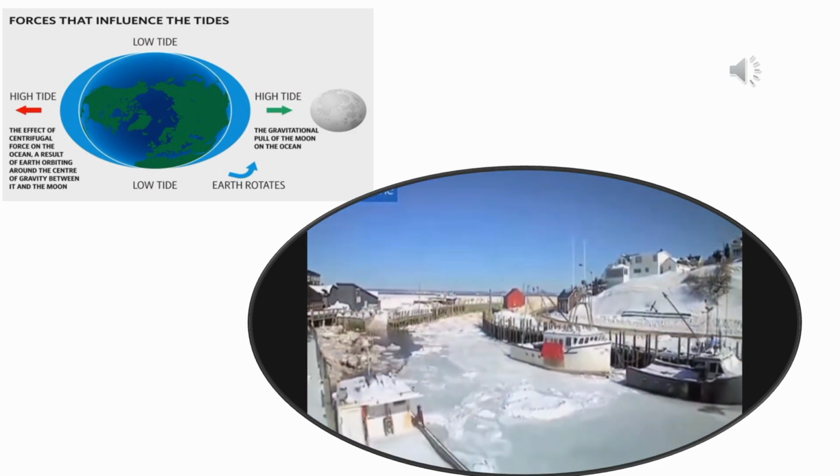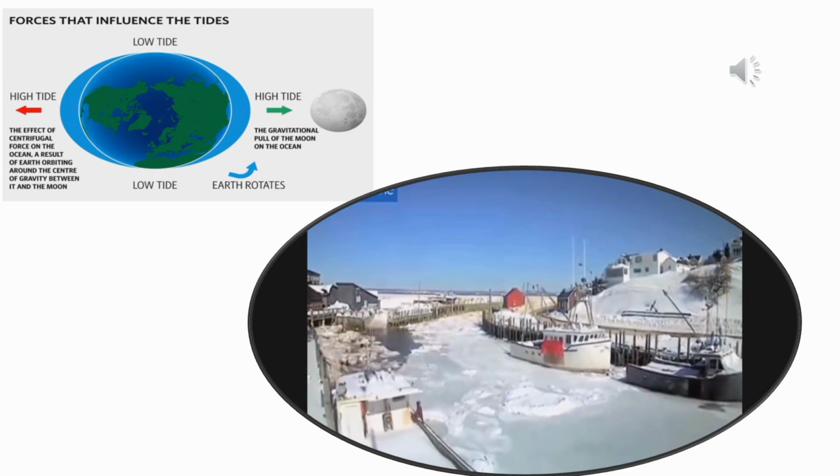So we get to realize that basically tides, in summary, are the high and the low levels of water. So when there is that increase in the sea level, that's what we call the high tides. And when there is a drop in the sea level, that's what we call the low tides.